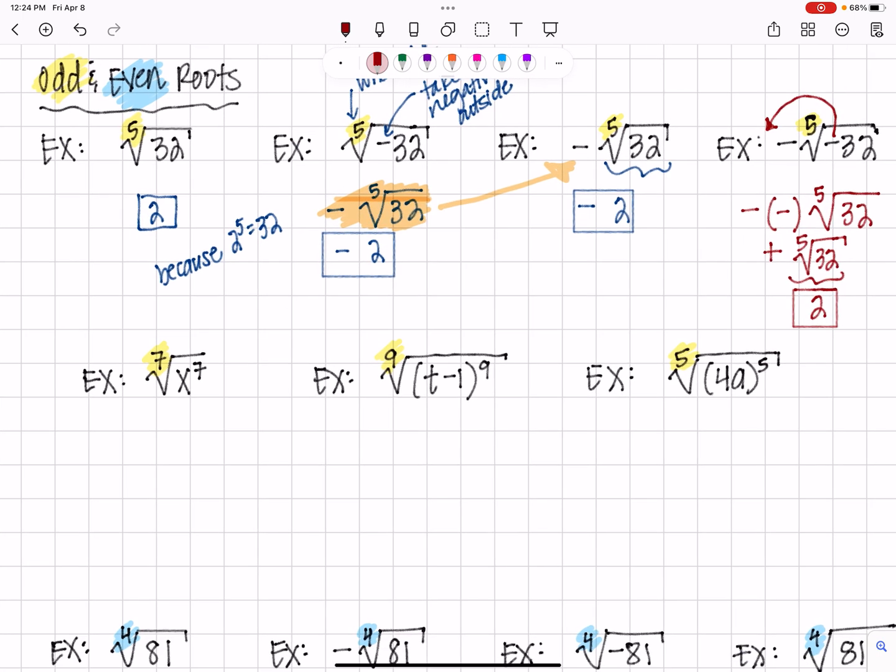The seventh root of x to the seventh. You've probably guessed it, or not guessed it, you probably learned it. The seventh root of x to the seventh is x. There's probably no guessing involved. You're probably very confident that the seventh root of x to the seventh is x. And the ninth root of t minus 1 to the ninth is simply going to be t minus 1.